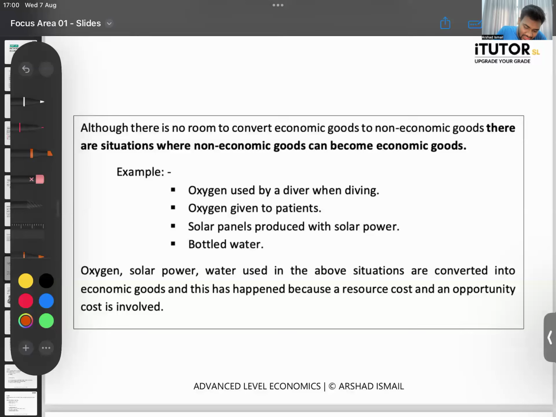I'm asking you, an economic good, can we convert it into a non-economic? Can we do that? This we can't do. There is no way of doing this. Because once you have already produced a good, using scarce resources, it is done.